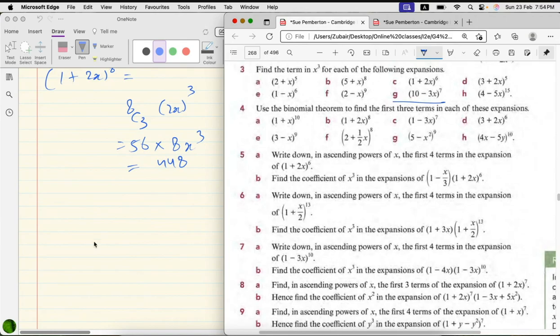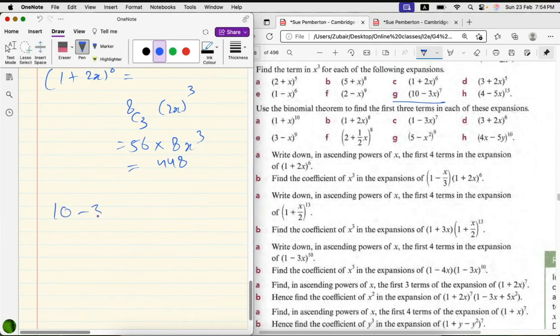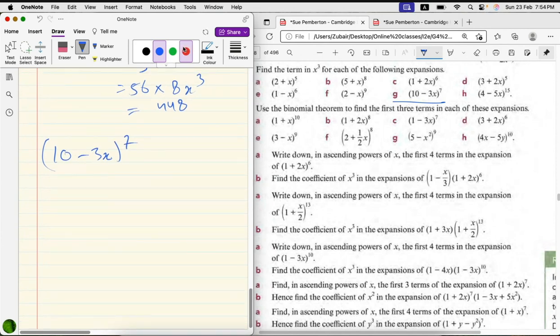No, we use a calculator. See, this is (10 minus 3x) to the power 7. And we know x cube will be when we are using 3: 7C3, 10 raised to power 7 minus 3, minus 3x raised to power 3. This is the only time when you will get x cube. So we can solve this directly.